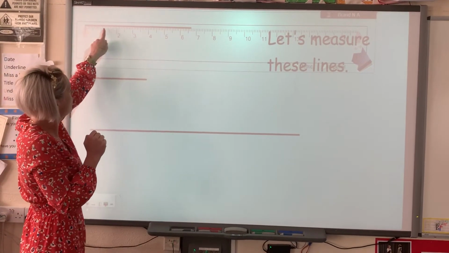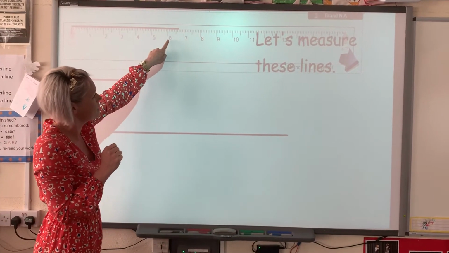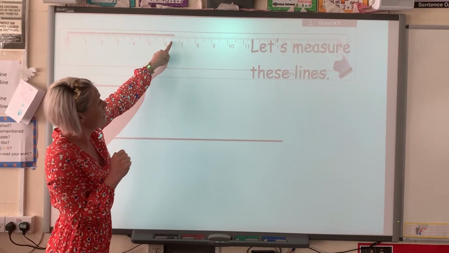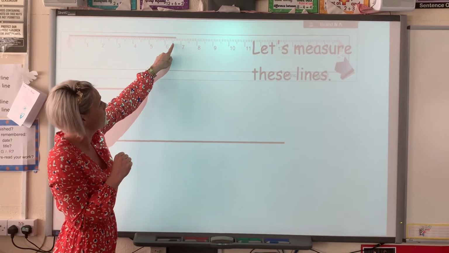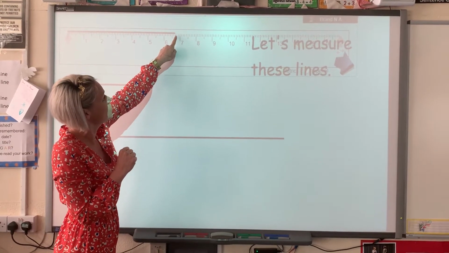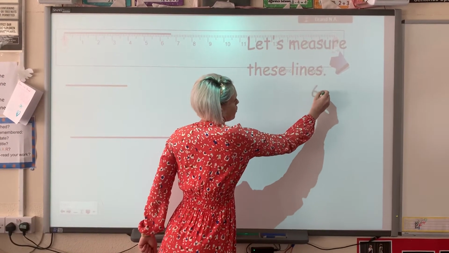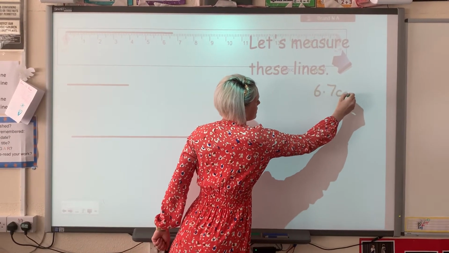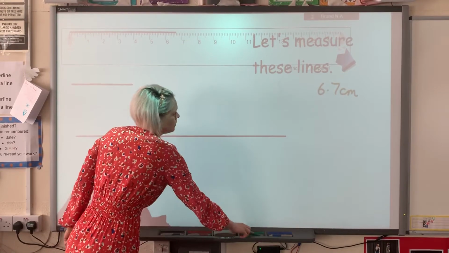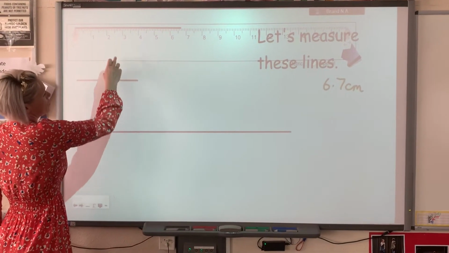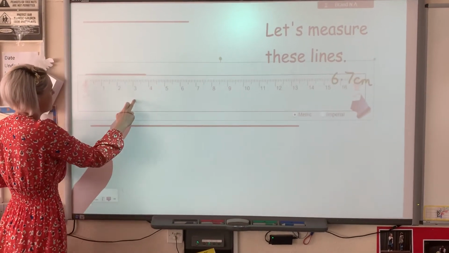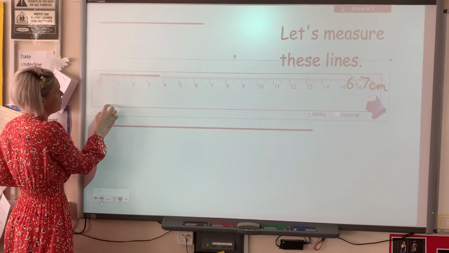Okay, I'm going to go along, measure my line. I've gone past 6 centimetres. I've gone past the halfway, so it's past 5, 6, and I'm on to number 7. So I would write 6.7 centimetres. Let's see if we can have a go at the next one. It's a bit shorter, this line now, so I'm going to, again, very, very carefully line up my 0 with the edge of the line.